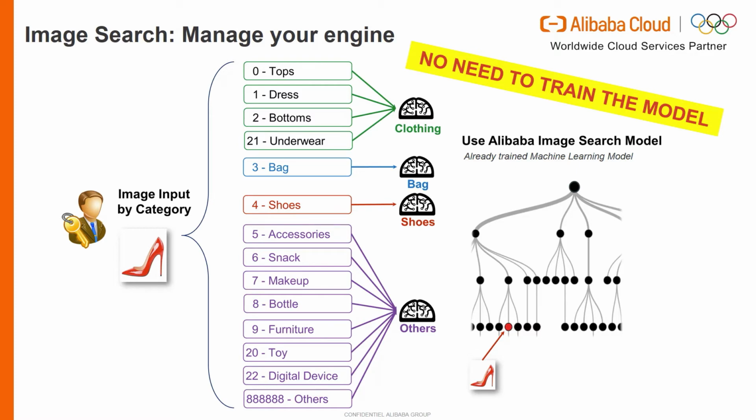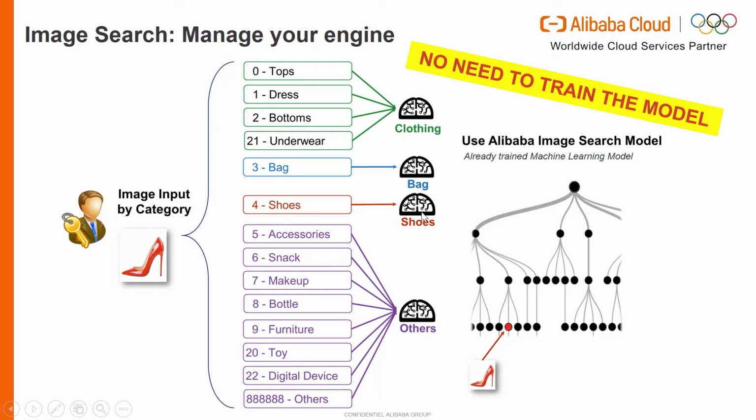For example, if you want to add a new red shoe into the model, you have to declare the shoe ID, the product ID, and also the category number. Here, for shoes, you should choose number 4. And then the model will recognize this information and save the information into the shoes model.